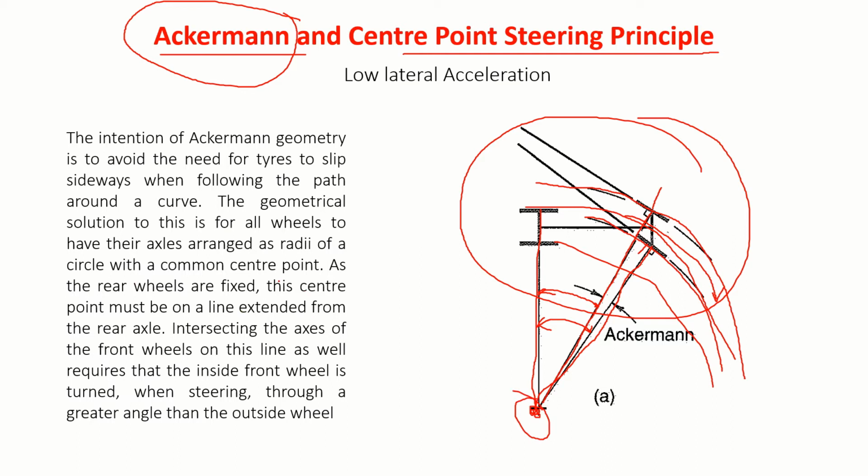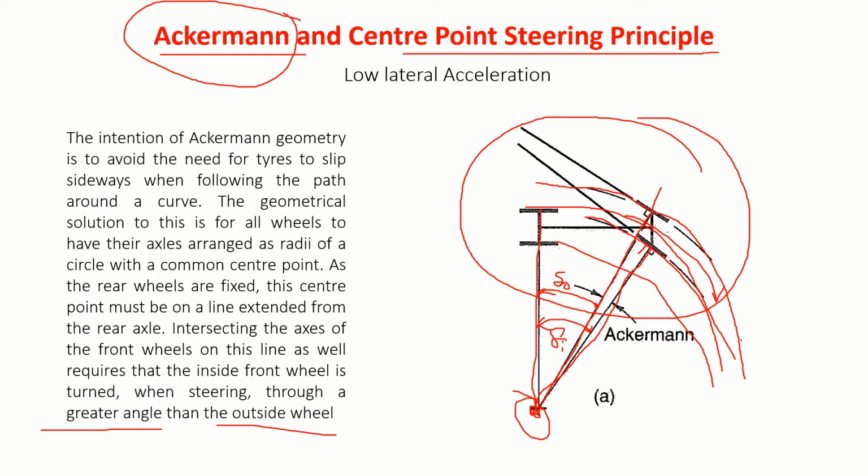As the rear wheels are fixed, this center point must be on a line extended from the rear axle, intersecting the axis of the front wheels on this line as well. This requires that the inside front wheel is turned, when steering, through a greater angle than the outside wheel. That's exactly it. This delta I must be larger than delta naught. Okay, this is Ackermann steering.